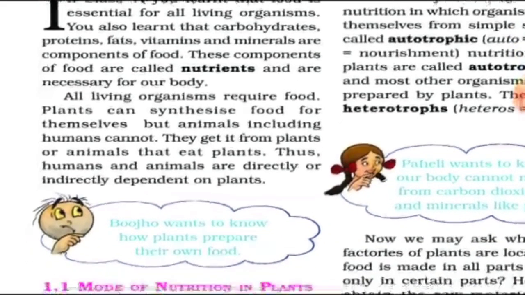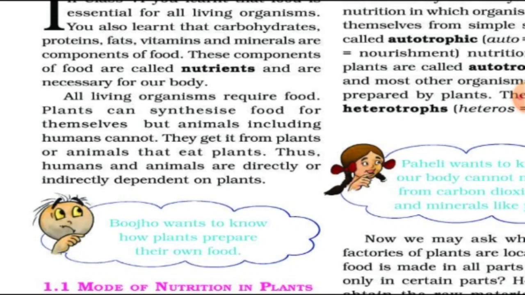All living organisms require food. Plants can synthesize food for themselves, but animals and humans cannot. They get it from plants or animals that eat the plants. Thus, humans and animals are directly or indirectly dependent on plants.